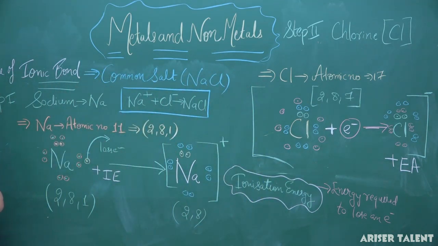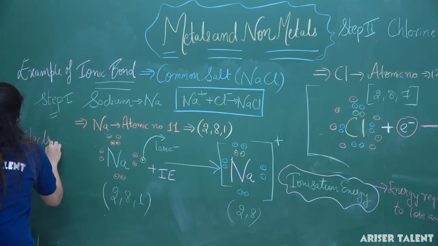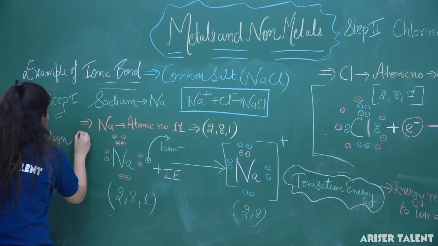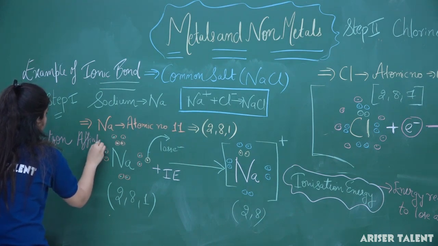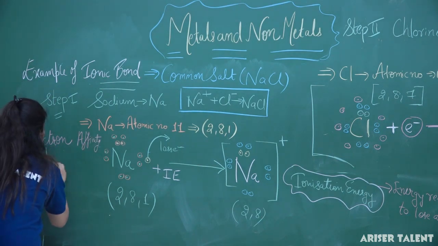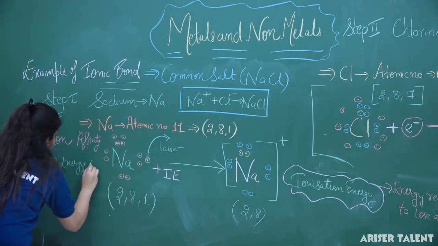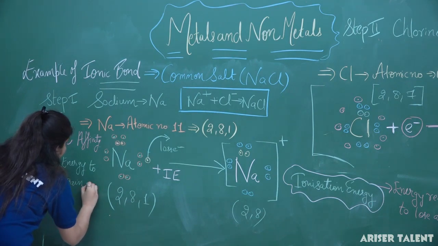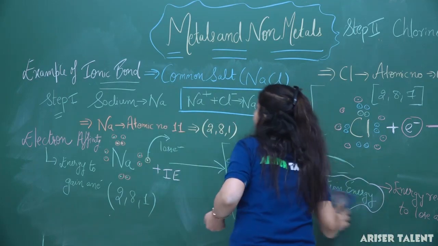So we are discussing the next term here. This is the energy to gain an electron. It is known as electron gain enthalpy.